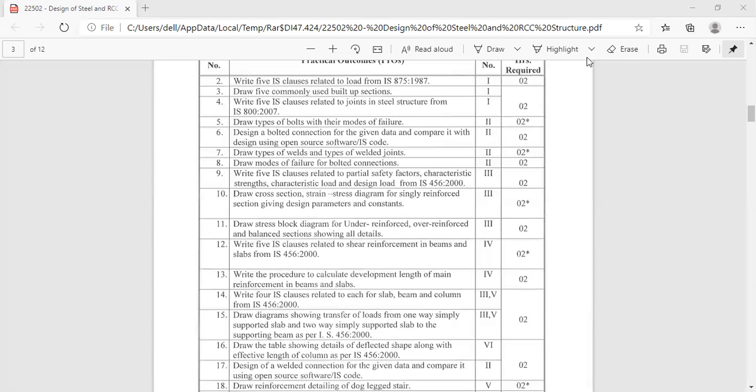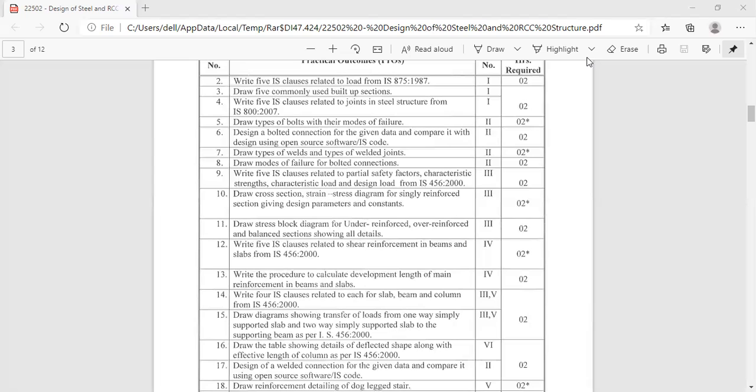Then it is termed the tension failure of a bolt. Diagrammatic representations are also given in the manual, in the books and in notes, showing how the failure can occur in actual practice.